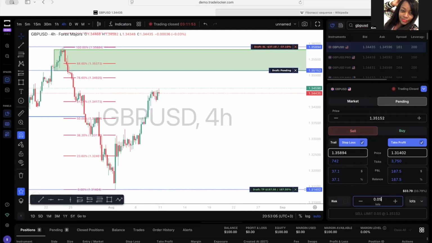or I'm going to adjust to 0.05. I'm either going to lose $37 and gain $187, or I'm going to lose $74 and gain $375.